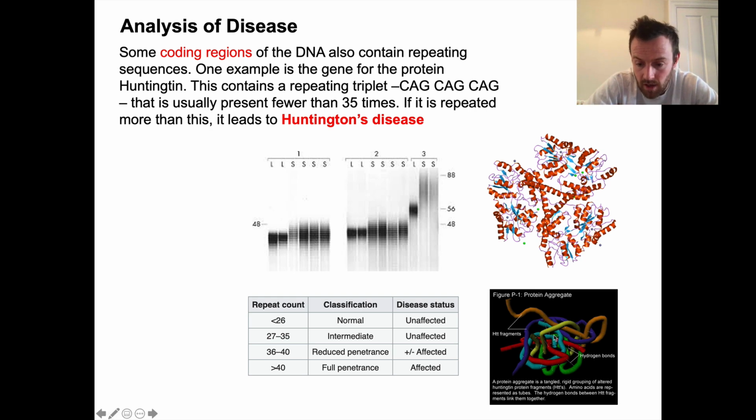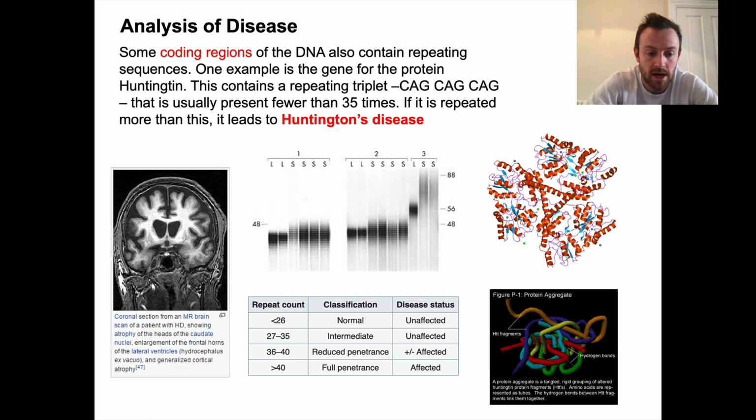Here's a picture of a protein aggregate, and this messes up the neurons in the brain and leads to atrophy. So we have a lot of dark space in this MRI of the brain, especially in here, which means that brain cells have died, and this produces the symptoms of Huntington's disease.